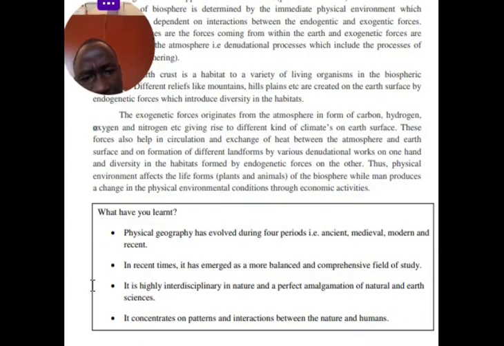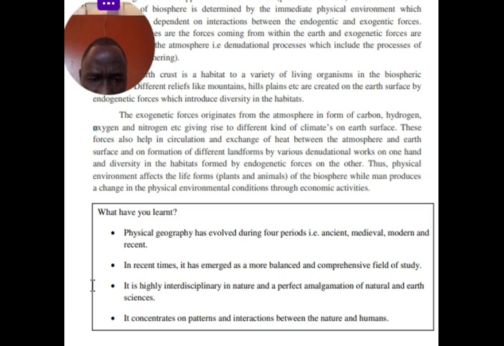Below there are some sample questions. With those sample questions, they are saying that physical geography has evolved during four periods: the ancient, medieval, modern, and the recent era. That is how we are going to be looking at those questions.